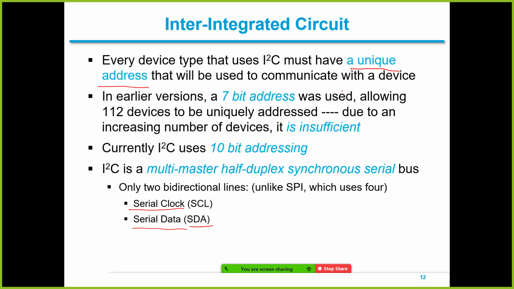And for the addressing mode, actually we have two kinds of addressing modes. One mode is using 7 bits, so 7-bit address. That is an old mode. In earlier versions, we used this 7-bit addressing mode.